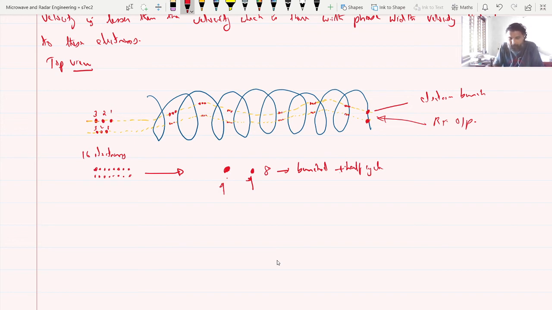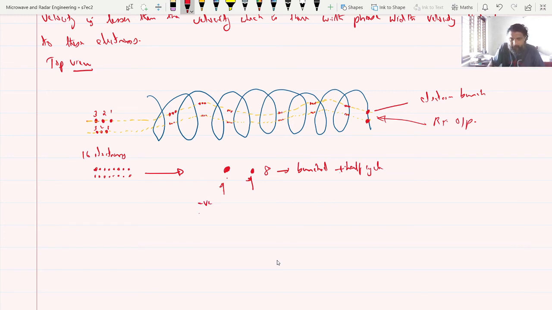So bunching of electrons results in the amplification, and the RF output, or the amplified signal, can be taken across the RF section, the RF out from the helical structure.